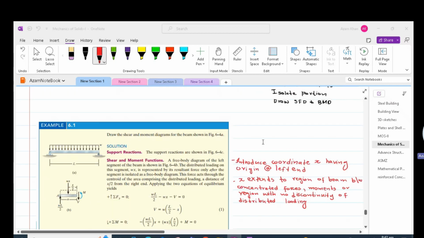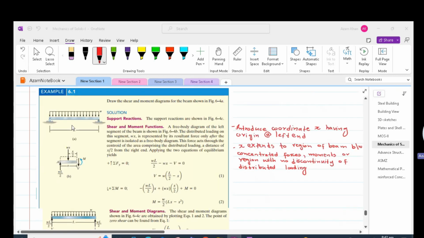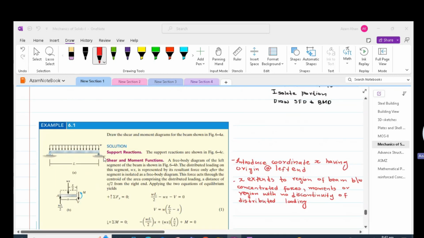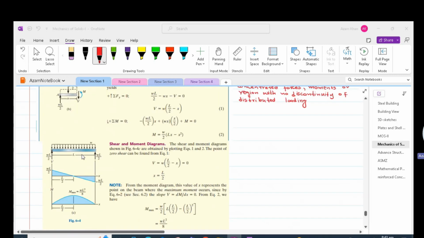So if we have a beam subjected to some loading, we can determine the internal effects, that is shear force and bending moment, using a graphical approach. Or thus, if we have a beam subjected to some loading, its internal effects could be found by drawing bending moment and shear force diagrams.